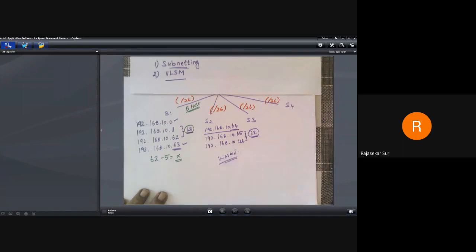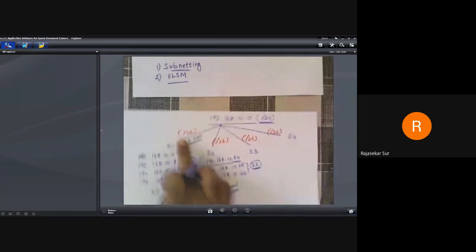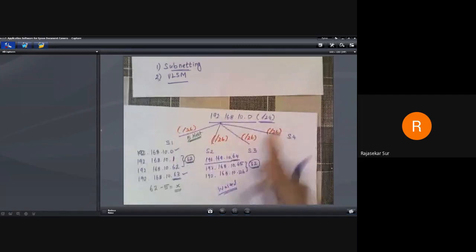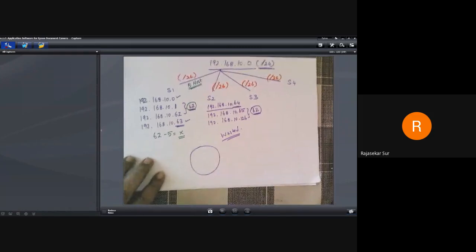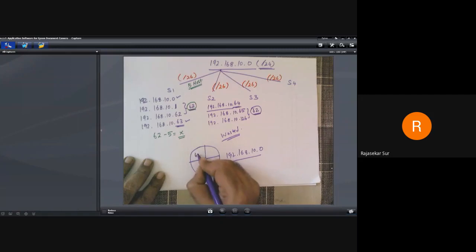IP addresses are wasted. Now you can see /26, /26, /26, /26. Listen, I make this one network, 192.168.10.0, and I divide it equally. In every network you have 62, 62, 62, 62 hosts.